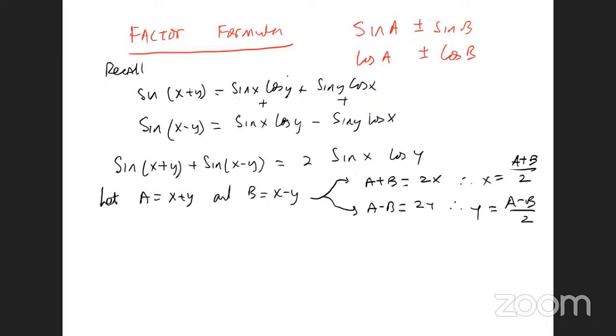So when we make a substitution, we're going to get a new formula. We're going to get sine A plus sine B is equal to 2 sine, I'm going to replace x, A plus B on 2, cos y, A minus B on 2. That's it. You don't really have to learn the proof, but you have to learn those new identities, sine A plus sine B.